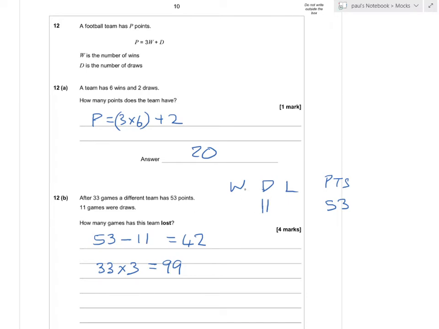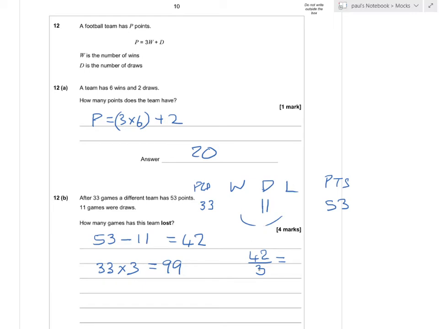33 games. Right, so we played 33 games, and we've drawn 11, and we've got 53 points. So we've got 42 points to share between the wins and the losses. So let's do the 42 and divide that by 3. Oh, you don't get any points for losing, do you?